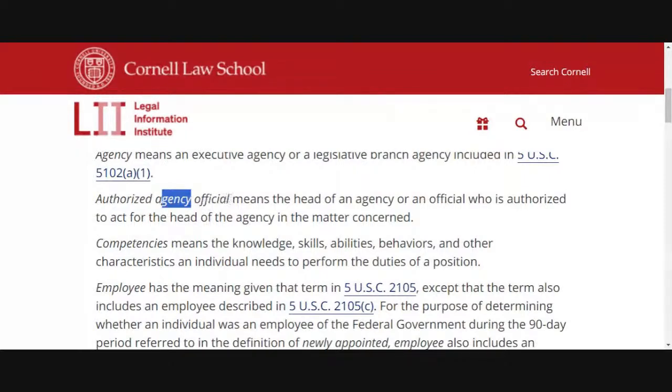The board in that situation is highlighted, blue underlined, and it says the board consists of the Secretary of Commerce as the executive chair and the Secretary of State, the remaining chair. Those are the authorized agencies and officials.